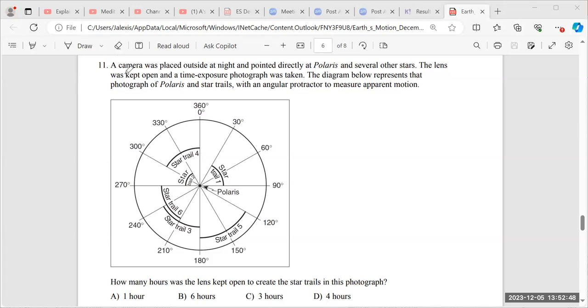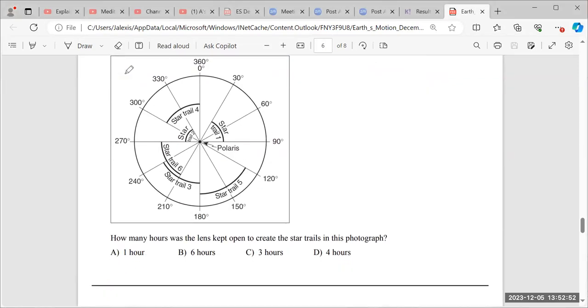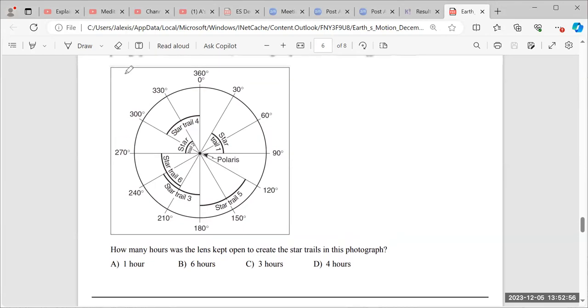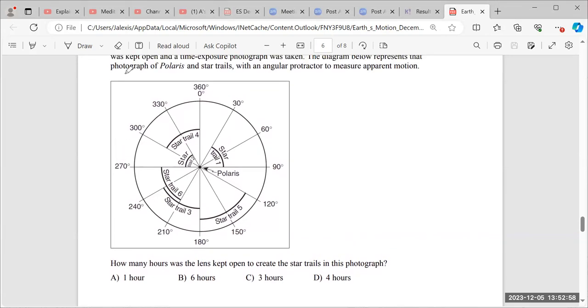How many hours was the lens kept open to create the star trails in this photograph? We're seeing 6 different star trails: Star Trail 3, 5, 6, 2, 4, and 1.